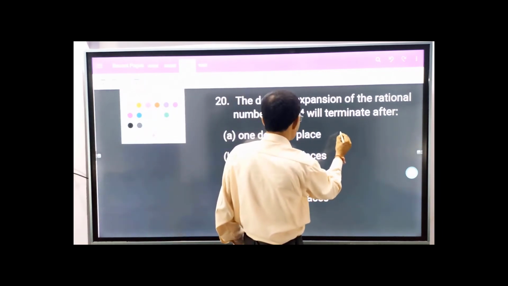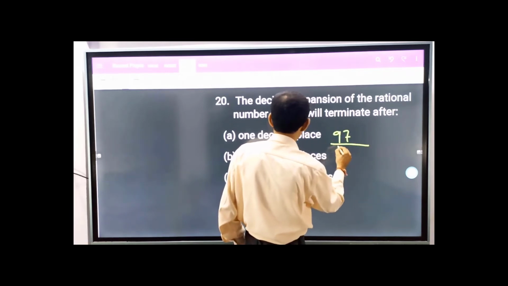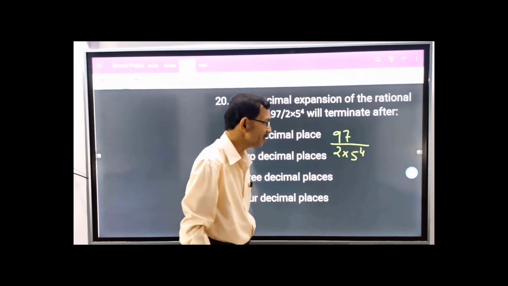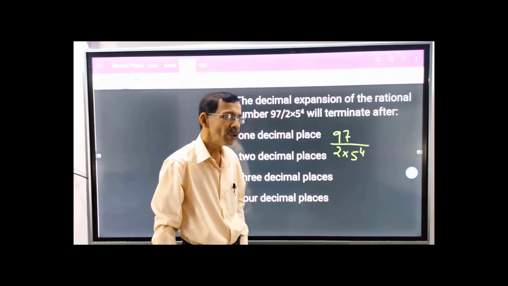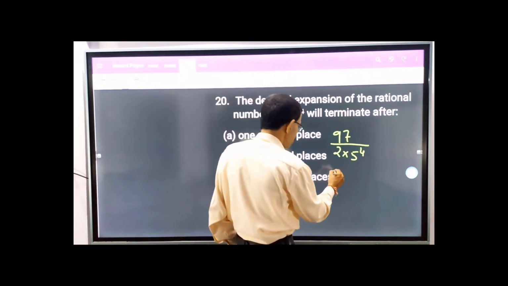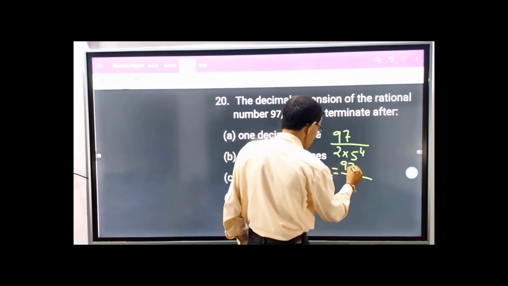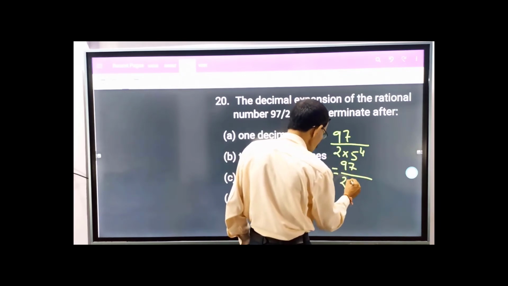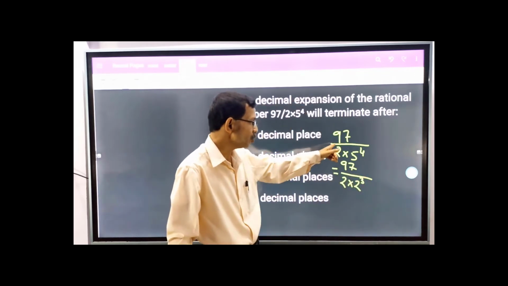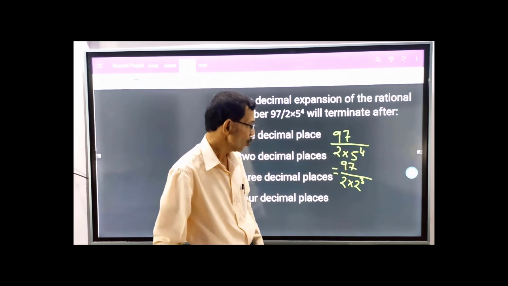My number is 97 divided by 2 raised to 5 raised to 4, and this is of the type 2 raised to m into 5 raised to n. So further I will convert by writing 97, and this 2 is multiplied by 2 raised to 3 because we want to raise the power from 1 to 4, because 5 has got power 4.